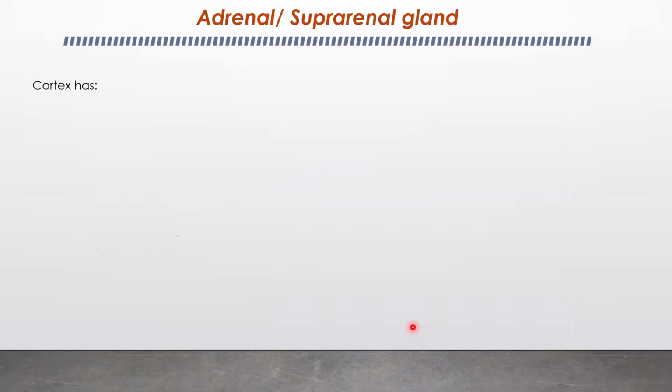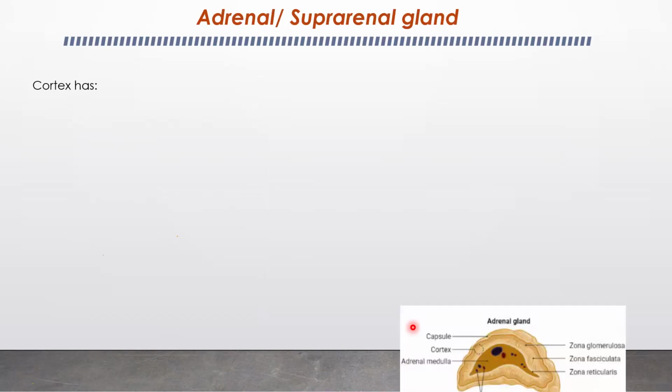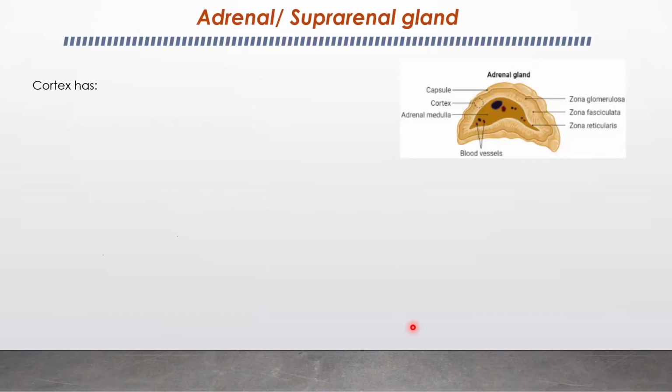So in terms of recapping the histological organization of the adrenal gland, we all know it has a cortex, and this cortex has three layers: zona glomerulosa, zona fasciculata, and zona reticularis.